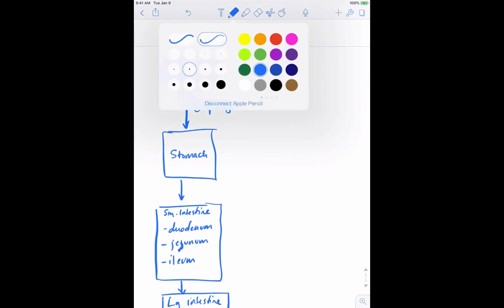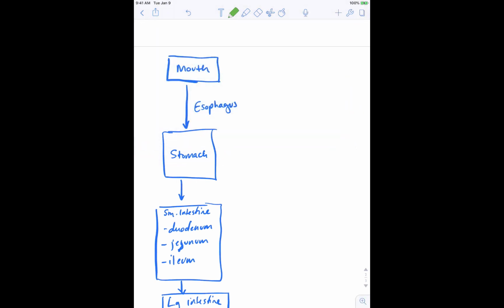For their function, the mouth is involved in what we call mechanical digestion because of chewing. Now, it also has some chemical digestion because of the salivary amylase that is released in the saliva.